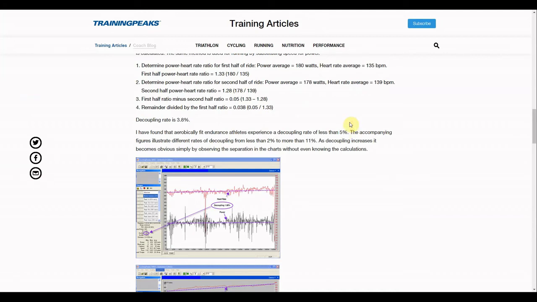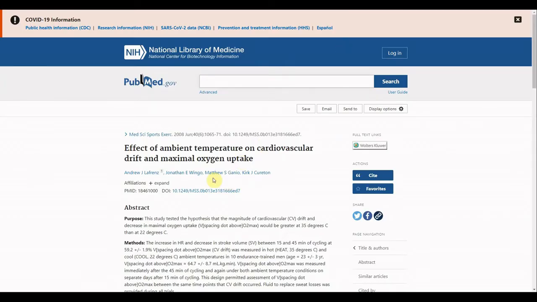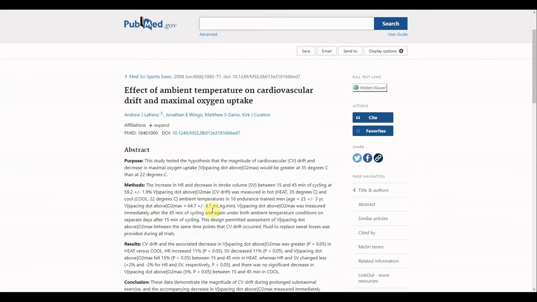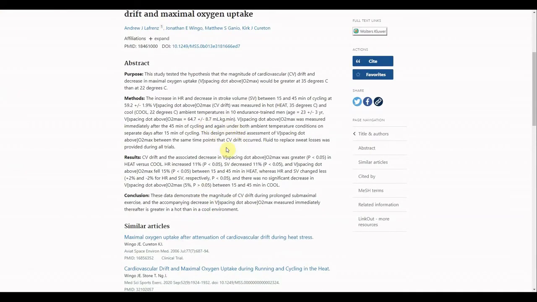Another question is, the temperature will impact the cardiac drift as well. So for example, if the temperature is 22 degrees Celsius or 35 degrees, then the drift is not happening at the same pace at the same time.